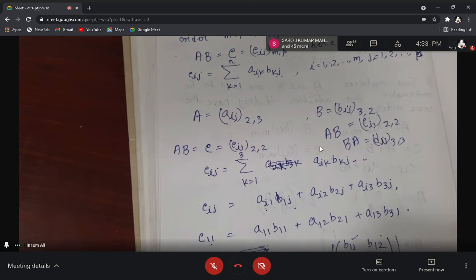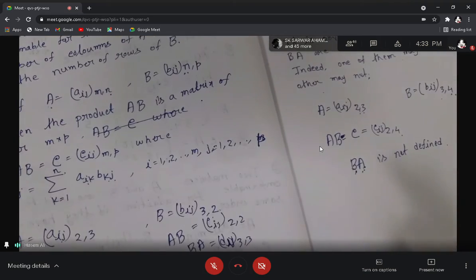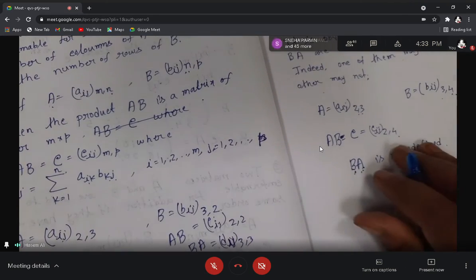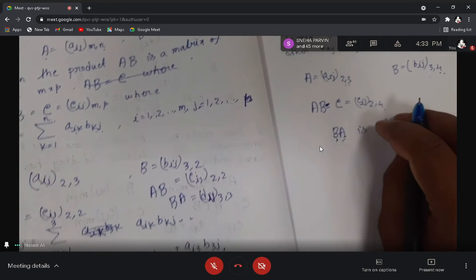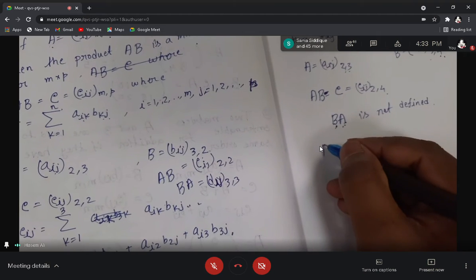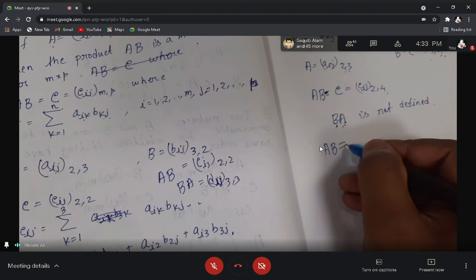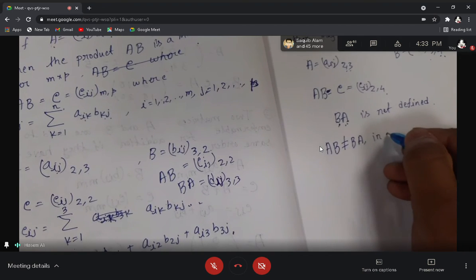So although both AB and BA may be defined, they may not be equal. So in general, AB is not equal to BA.